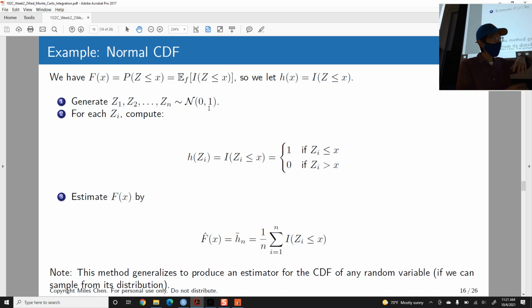Okay, so we're going to generate a whole bunch of values from the normal distribution. And then we want to know, okay, what is p norm? What's the cumulative distribution function for, say, x equal to 0? What's the probability that z is less than 0? Okay, how do we get that? Well, we're just going to calculate the indicator function.